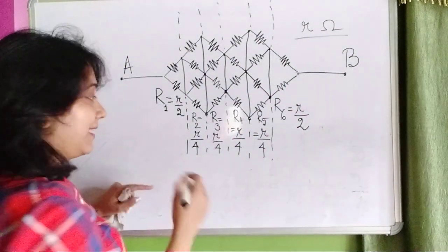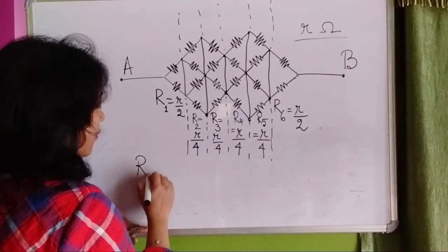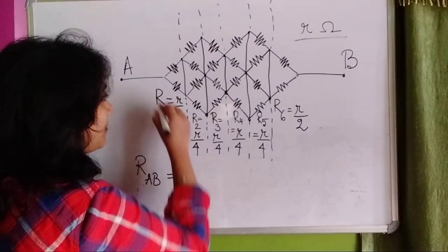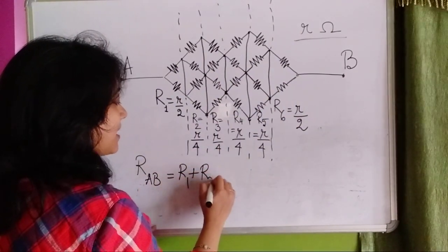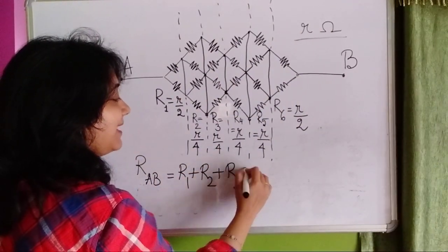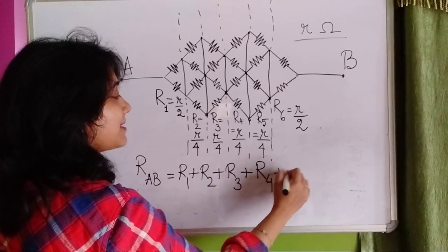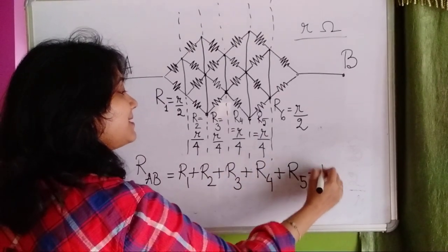What will you say? The resistance across A and B is nothing but the addition of R1 plus R2 plus R3 plus R4 plus R5 plus R6.